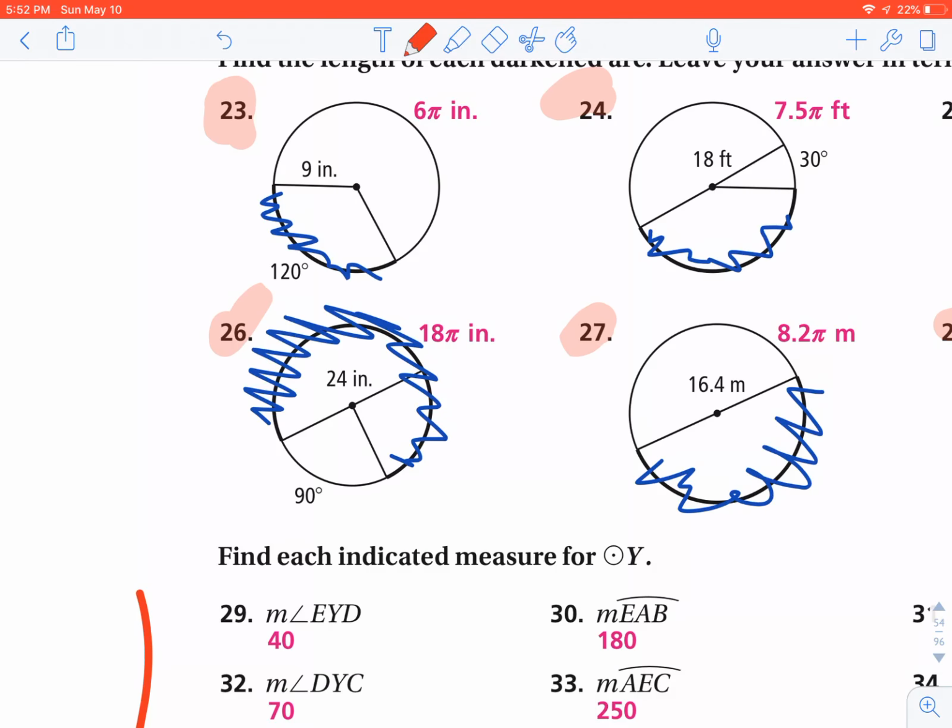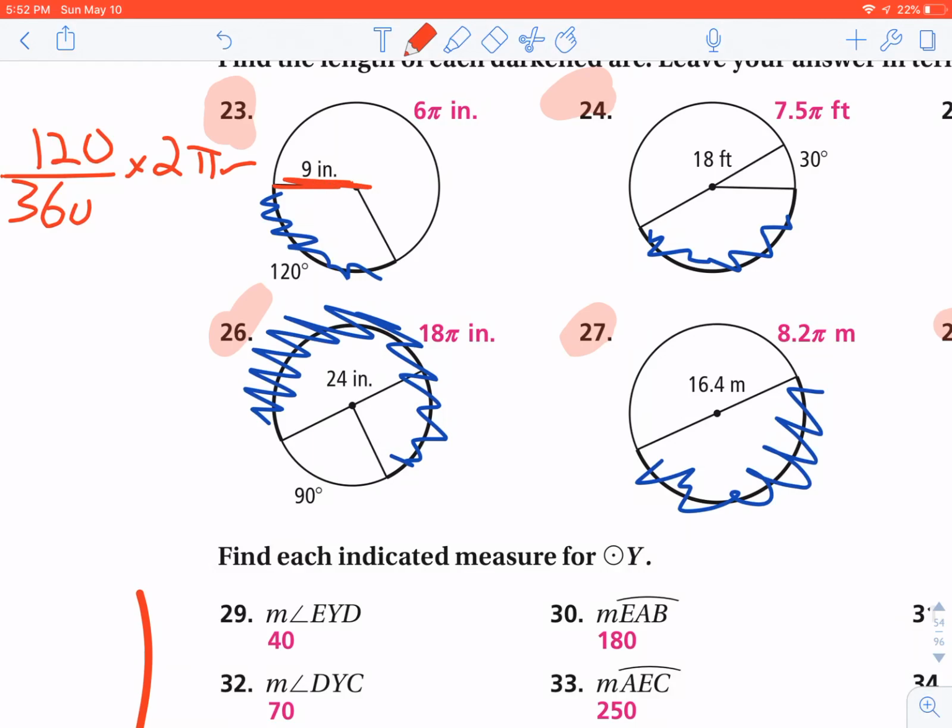So number 23, we want to take the amount of the arc measurement. In number 23, that thick, dark arc mark is my 120 degrees. So I want 120 out of 360, and I want to multiply that by 2 pi r because I'm given the radius in this case.